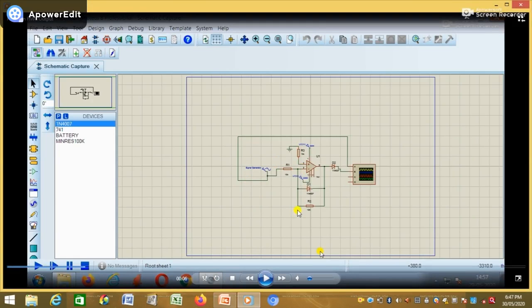So in this video I will show the output signal of precision half-wave rectifier in a non-saturating type.